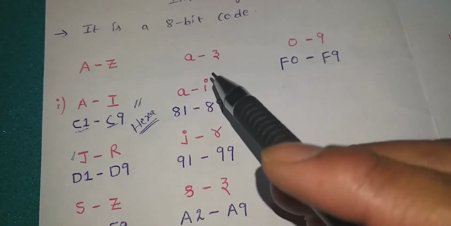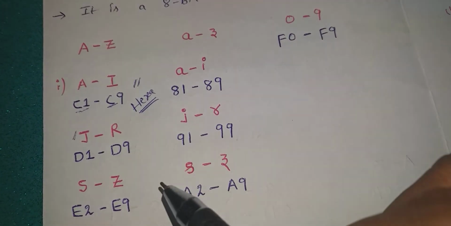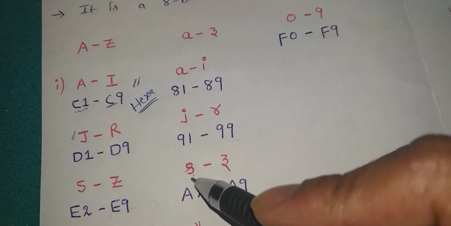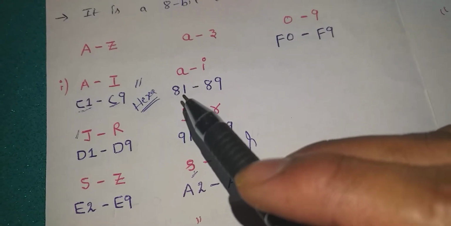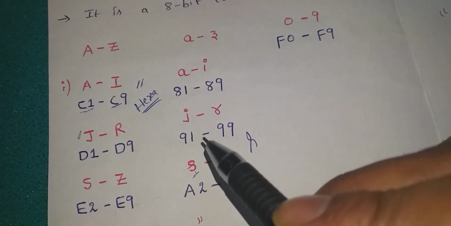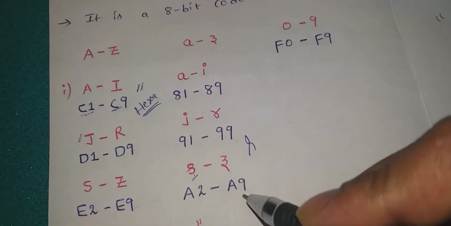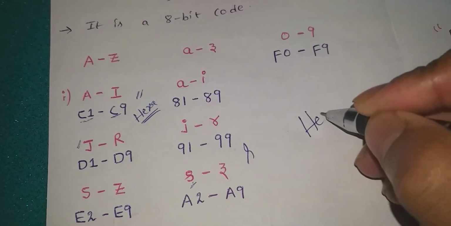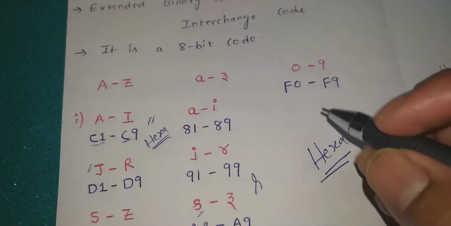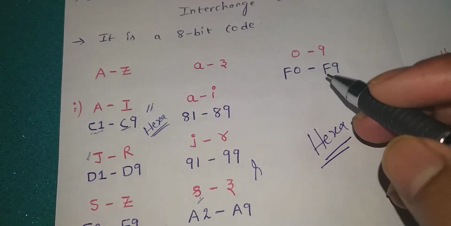Then similarly for small letters a to z, we have the same breaks, with small letter s as the break. Is it clear? It starts from 81 to 89, 91 to 99, A2 to A9. Once again, I am saying that all the EBCDIC codes I have written in hexa. Now 0 to 9 is from F0 to F9.